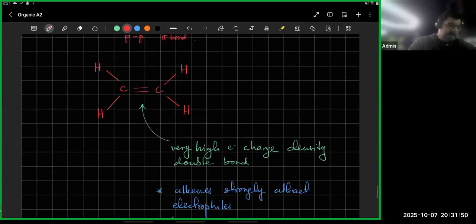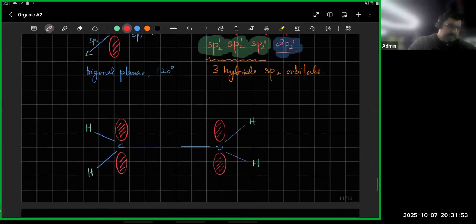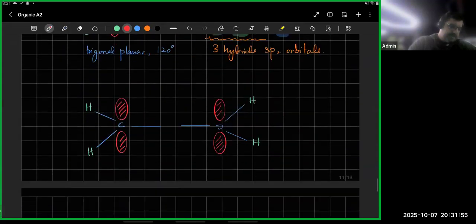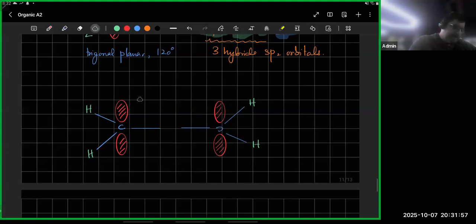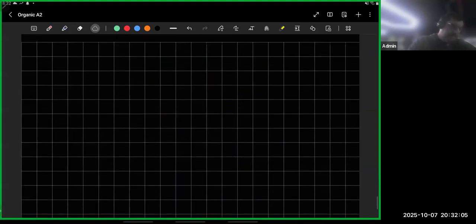I'm going to pick my sp2 hybridized carbon atom, right? This one, and I'm going to draw it, there are six carbon atoms.